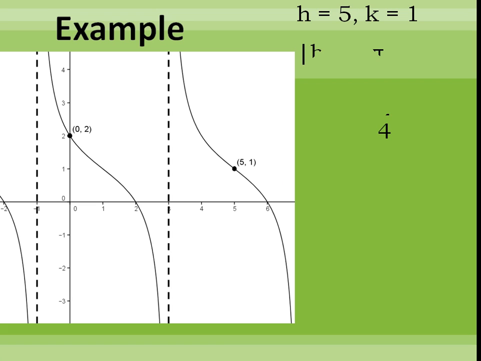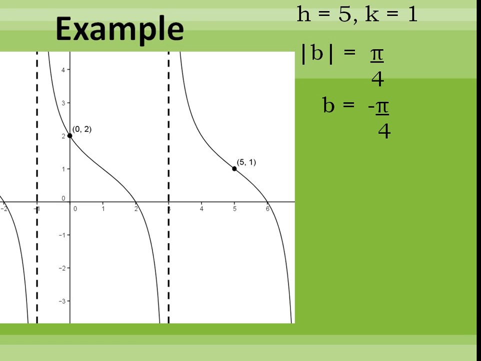From there, we were told that we need to solve for the b. So b is going to be pi over 4 in this case. Now, how did I get pi over 4? Well, the absolute value of b is going to be pi divided by your period. And since my period is 4, I get a value of pi over 4.